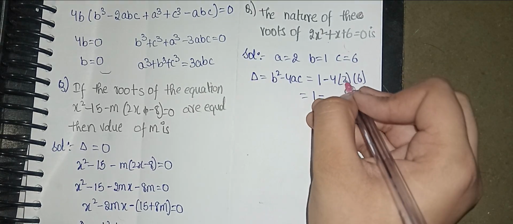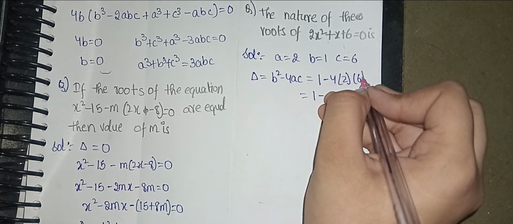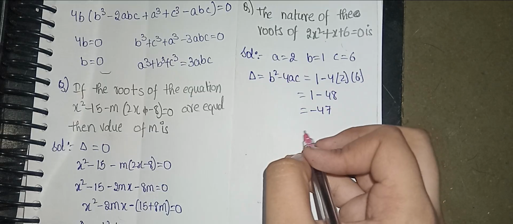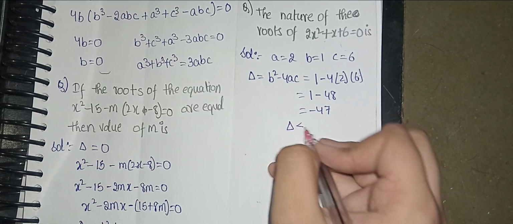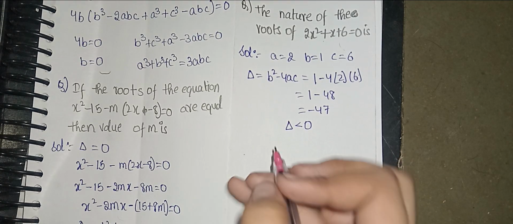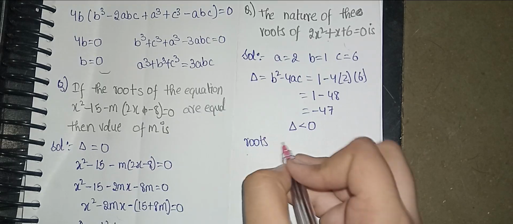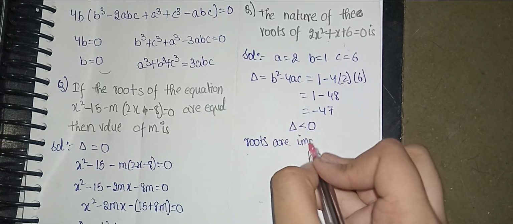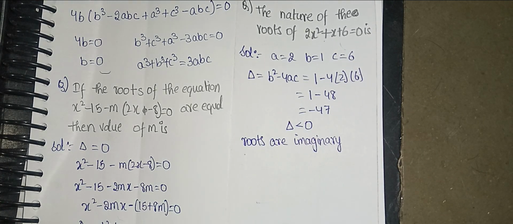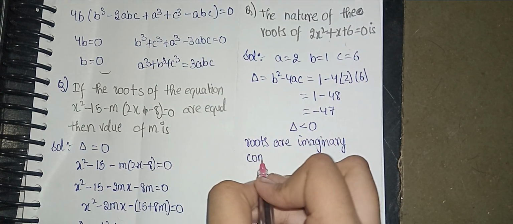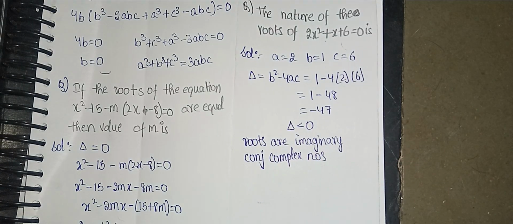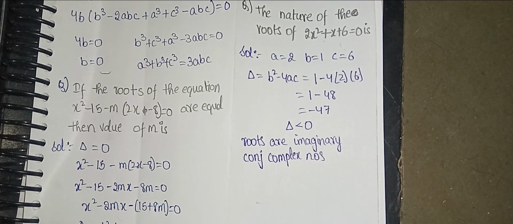It is 1 minus, 4 twos are 8, 8 sixes are 48. Means minus 47. Means delta is negative. Means the roots are imaginary and conjugate complex numbers. Okay. Now we'll move to next topic.